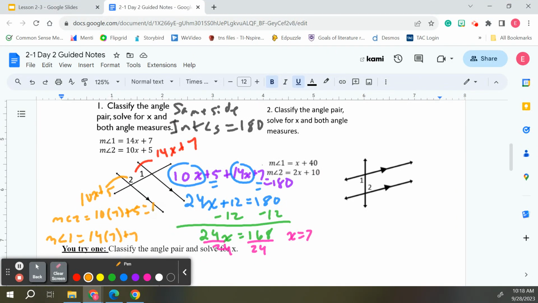This top one gives you 105. This bottom one gives you 75. Do those two add up to 180? What do you guys think? Since they add up to 180, we know we did it correctly.